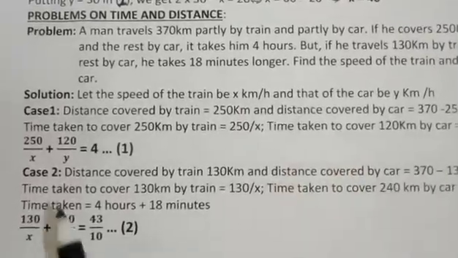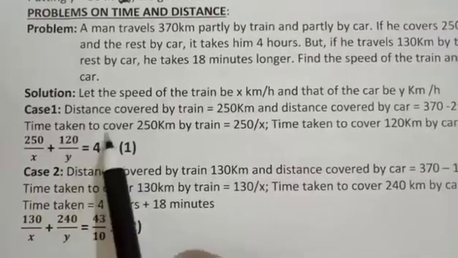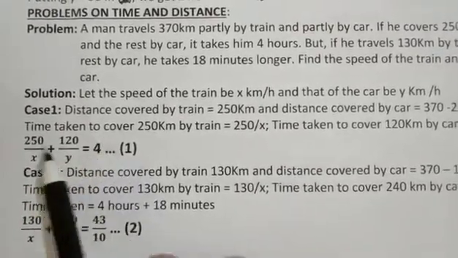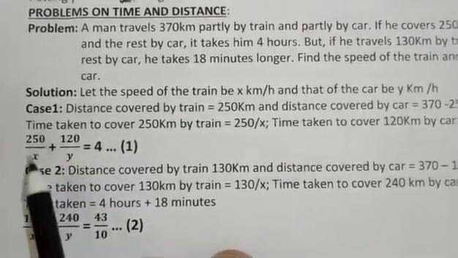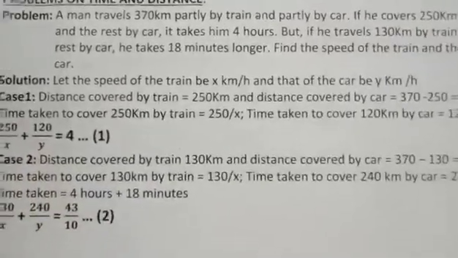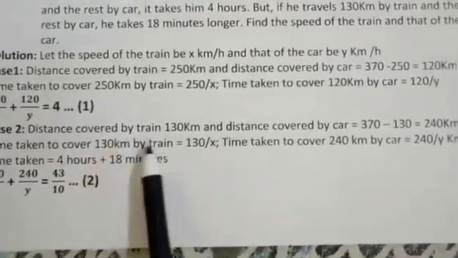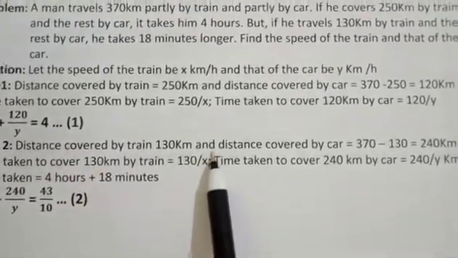And now on the basis of the first information, if we add both the timings, the total time comes to 4 hours. So the first equation is 250 by x plus 120 by y is equal to 4. That is case number 1. Case number 2 is distance covered by the train is 130 km.